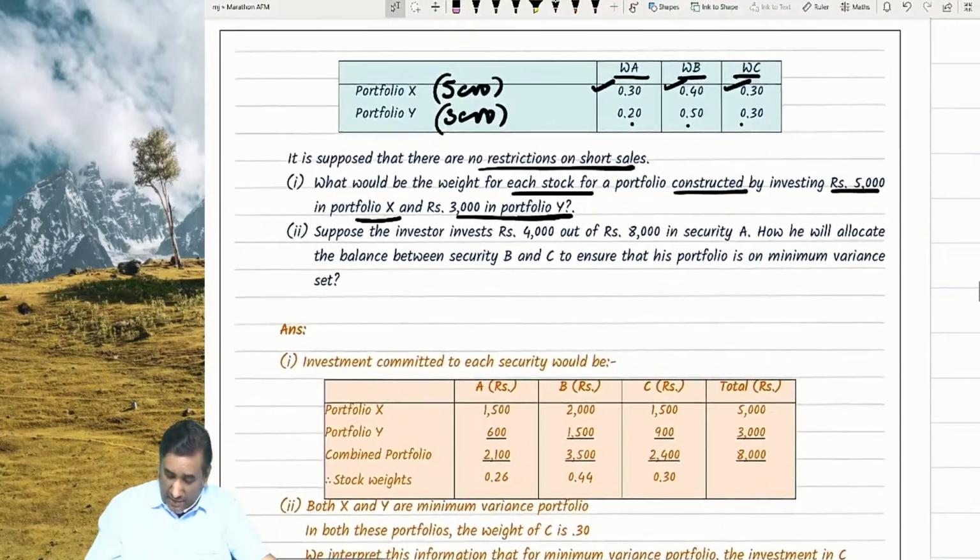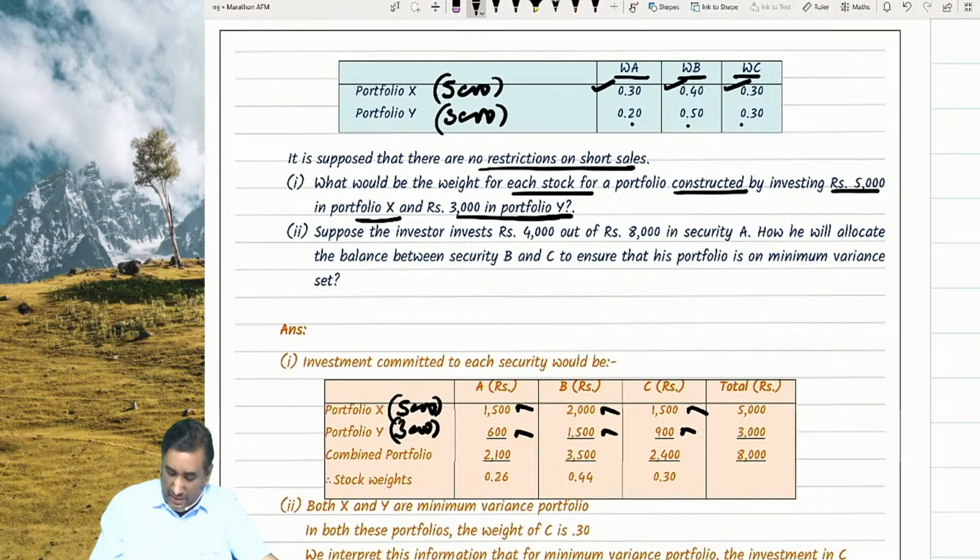I think you get the same numbers. If I look at the answer, 5,000 would give 1,500, 2,000, 1,500, and the 3,000 gives 600, 1,500, 900. Total of A is 2,100, total of B is 3,500, total of C is 2,400.